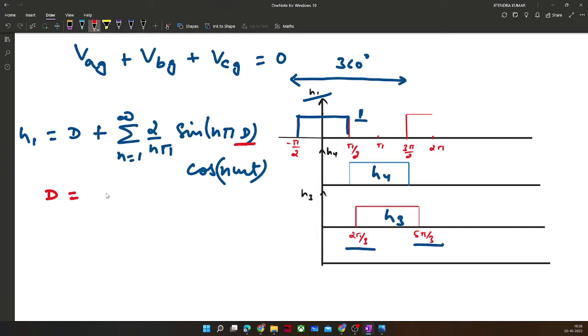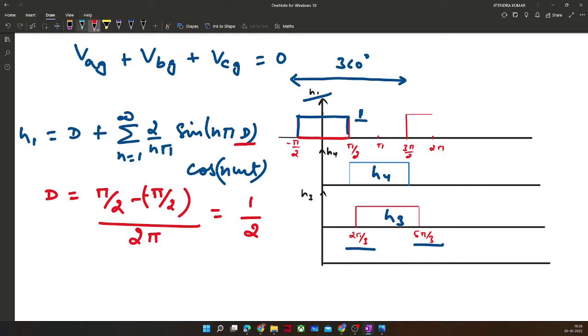So pi by 2 divided by the whole time period. Means pi by 2 minus pi by 2 divided by 2 pi. So that will come out to be half, right? Since it is conducting for 180 degrees, so we can take duty cycle to be half.